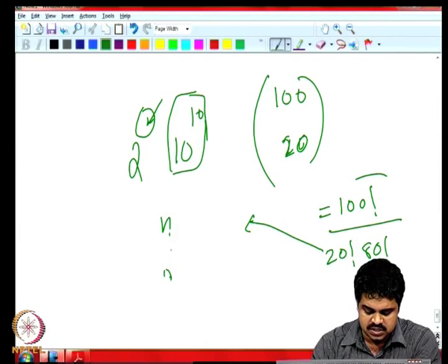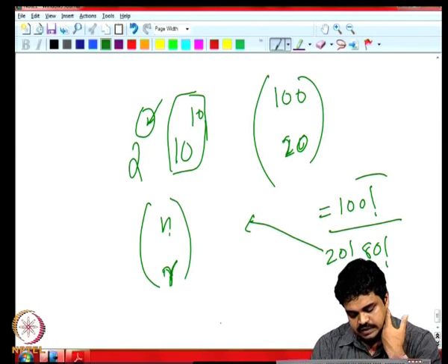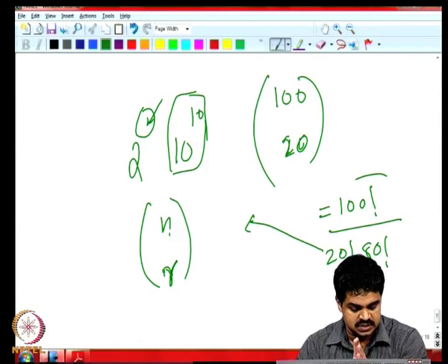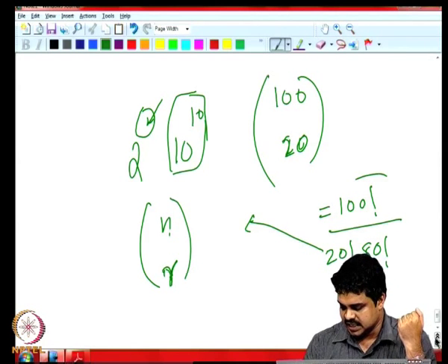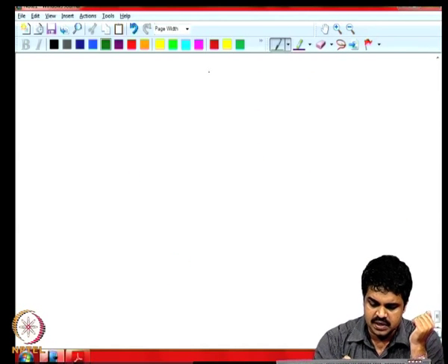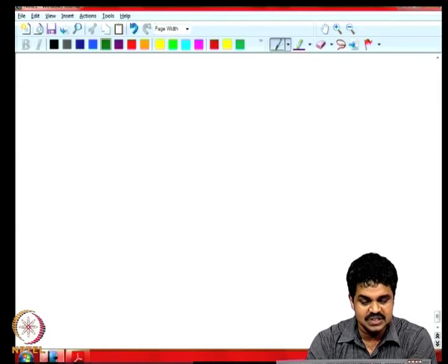So it would be nice to compare with more familiar forms. Once n choose R is given, it would be nicer to know how big it is, to get some upper and lower bounds: at least I know that it is not more than this and not less than this. This is what our next interest is. Most of the time when you are just studying for examinations, it may not be very relevant, and if it is not in your syllabus, of course.